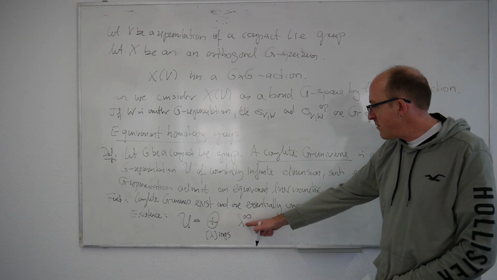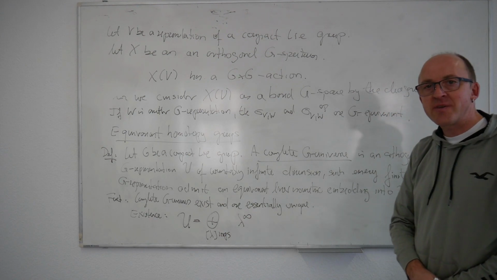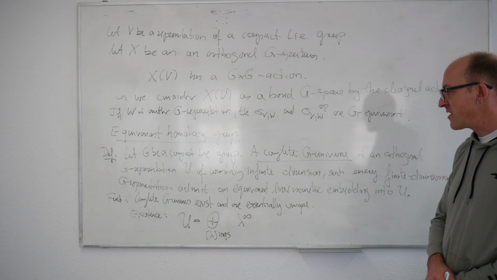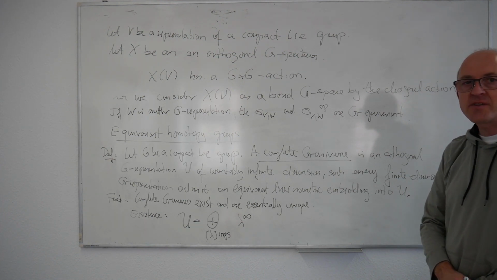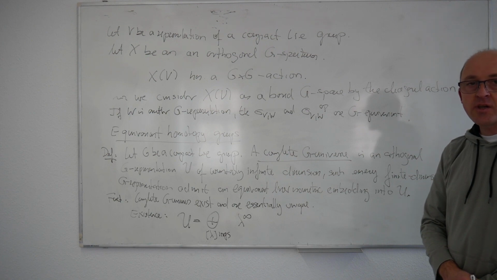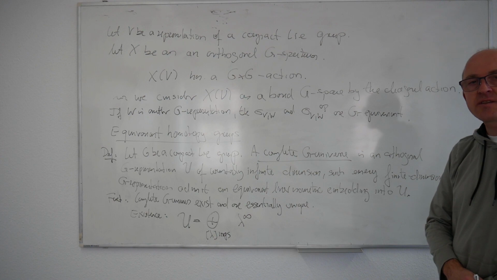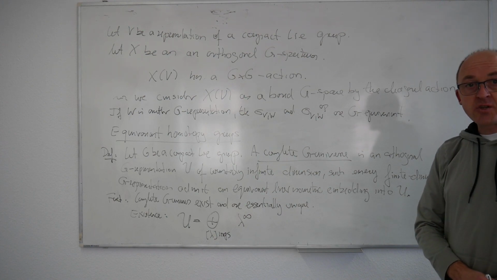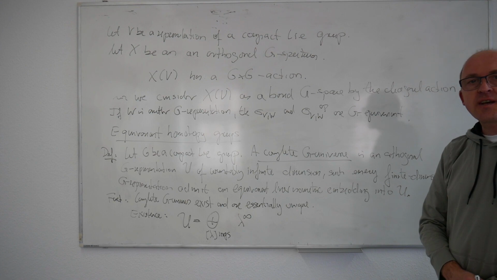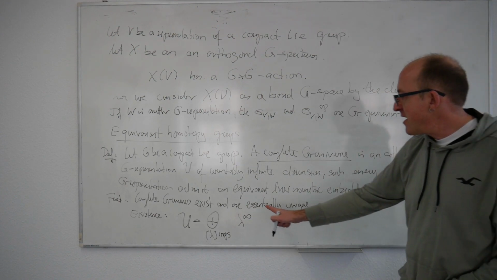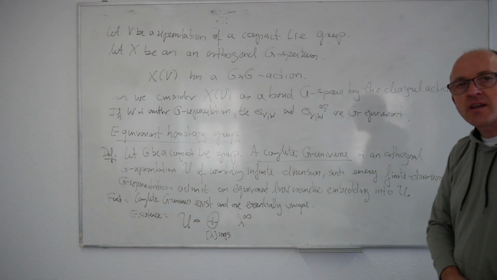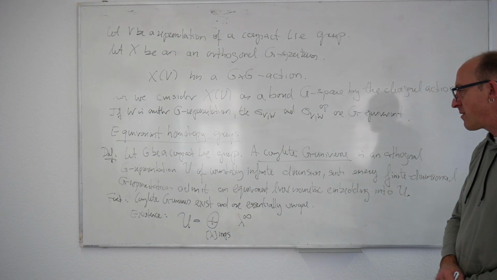And then lambda to the infinity means I take a direct sum of countably infinitely many copies of each of these. And now we have to use one fact from the theory of compact Lie groups, namely a compact Lie group has countably many isomorphism classes of irreducible either complex or real representations. It's true for both. If the group happens to be finite, there's only finitely many isomorphism classes of irreducible representations, and otherwise there would be infinitely many, but they're always countably many. And that means that this really is an R infinity. The underlying vector space is countably infinite dimensional.